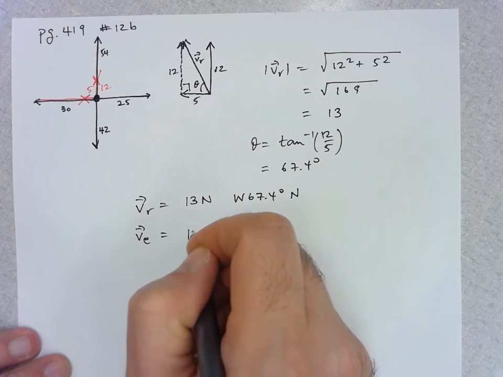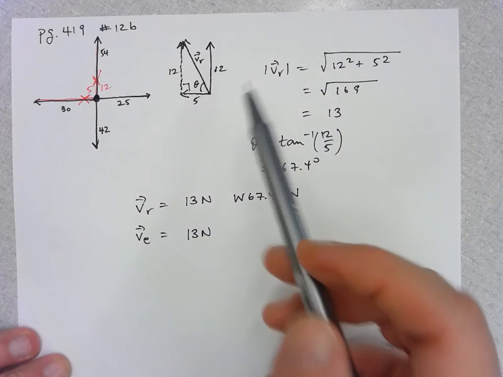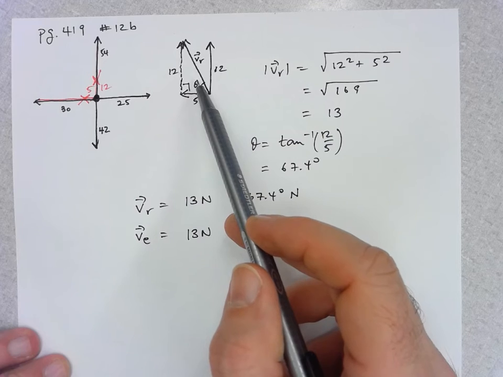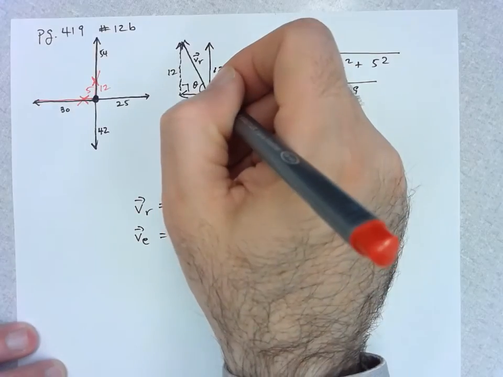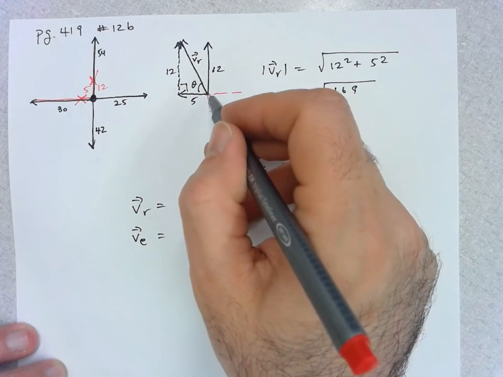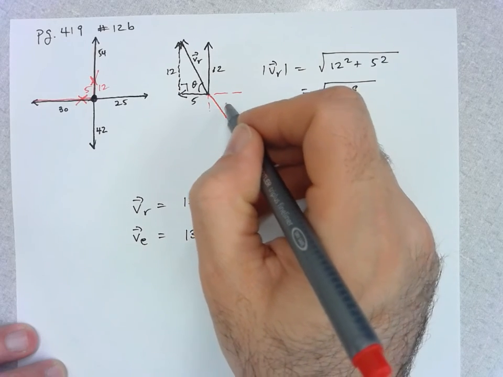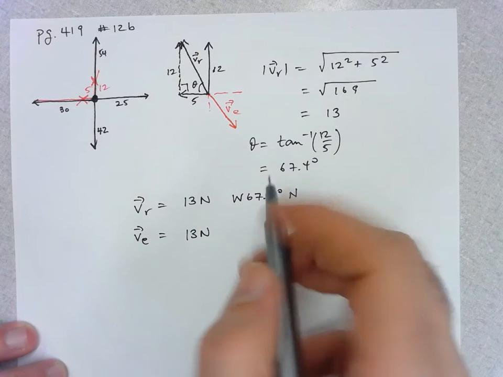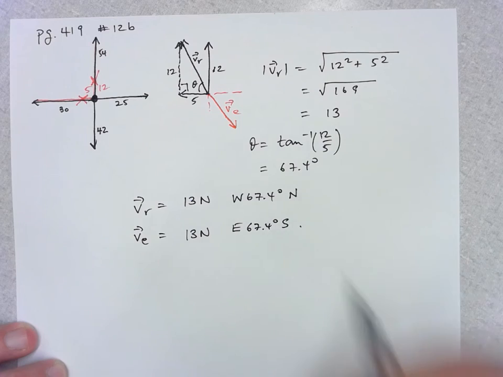So it'll still be 13 newtons, same magnitude, but now instead of going west 67 degrees north, in fact, let's draw the vector up here, we're going to go east 67.4 degrees south. So this would be the equilibrium vector. That's just going to be east 67.4 degrees south.